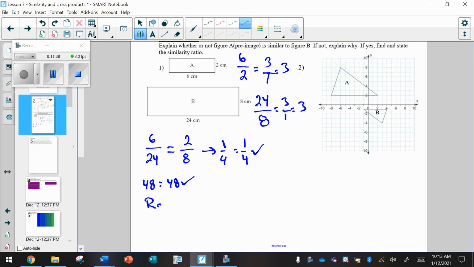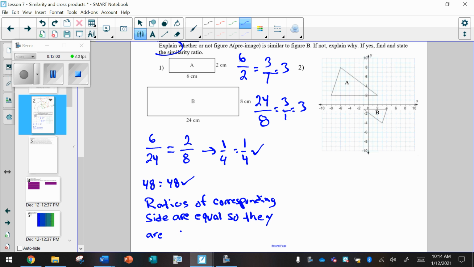So we can say, because it does say explain, so that means I need words here, ratios of the corresponding sides are equal. So the shapes are similar. And that's what we put for our explanation.